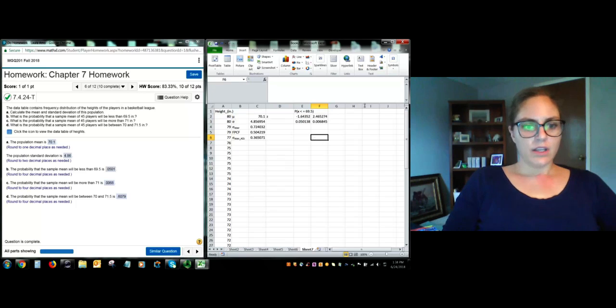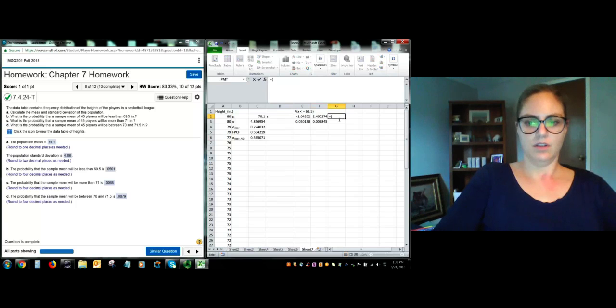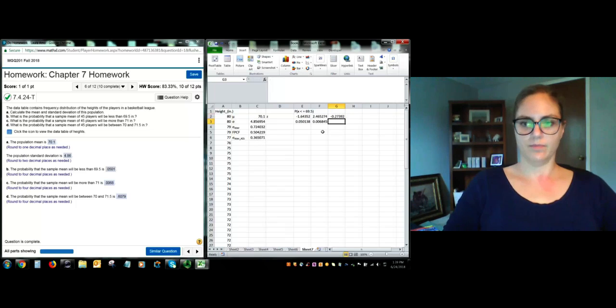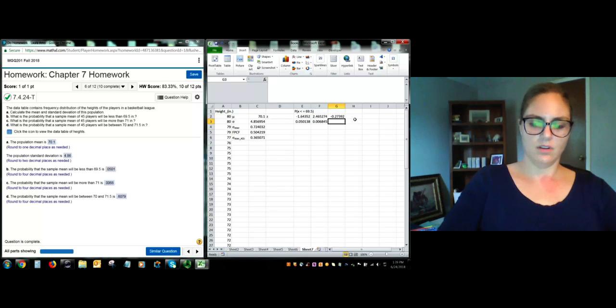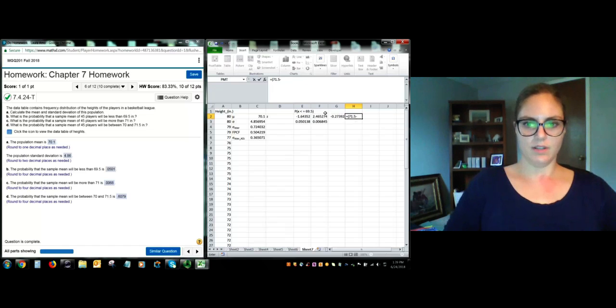Next, we're looking at the probability of it being between two values. So the z equals 70 minus this divided by this, and 71.5 minus this divided by this.